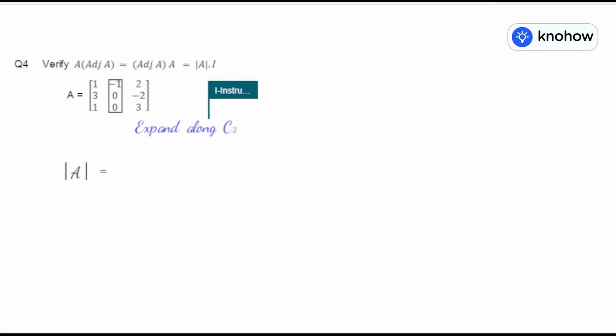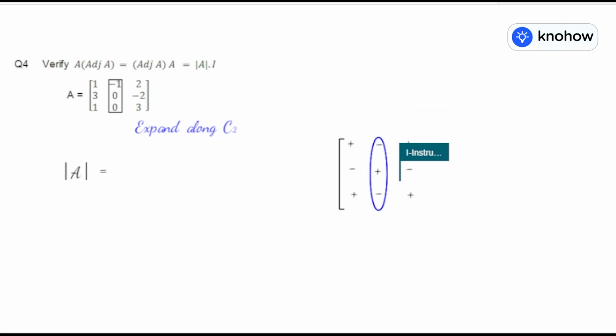You know the sign convention? It is plus, minus, plus, minus, plus, minus, plus, minus, plus. So along column 2, you have minus, plus, minus. So how do you take it? The element is already minus 1, so minus times minus 1. And now delete the row and column through minus 1. What do you get?